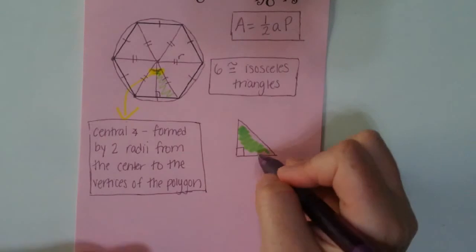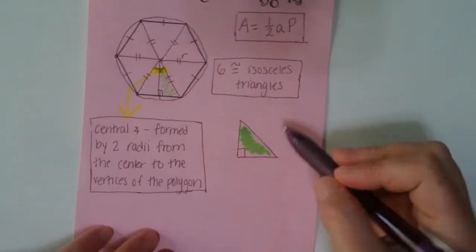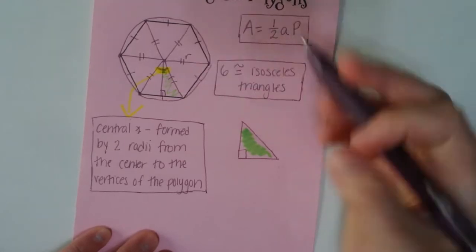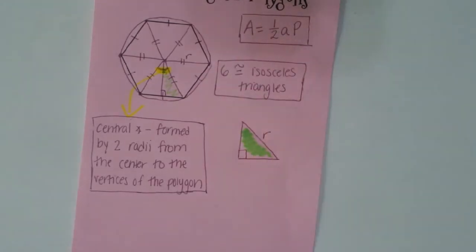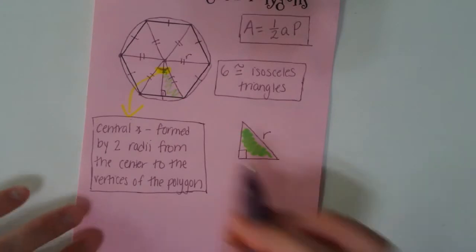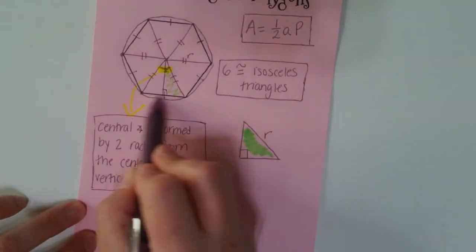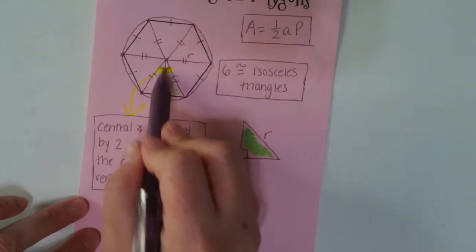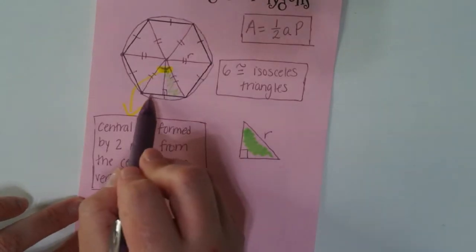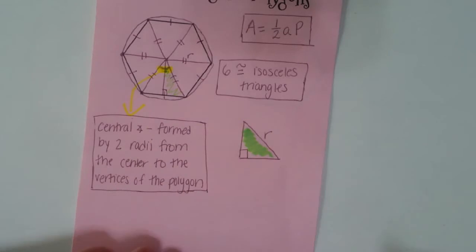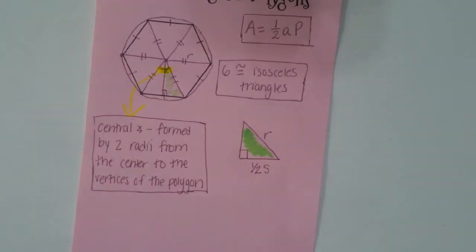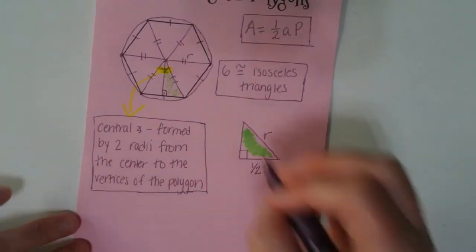What we know so far from this right triangle: this side, the hypotenuse, is the radius. So I'm going to label that the radius. Down here, if this is the side of the polygon, when we drop down the height with the isosceles, it makes 2 congruent segments. So this would be 1/2 the length of the side.